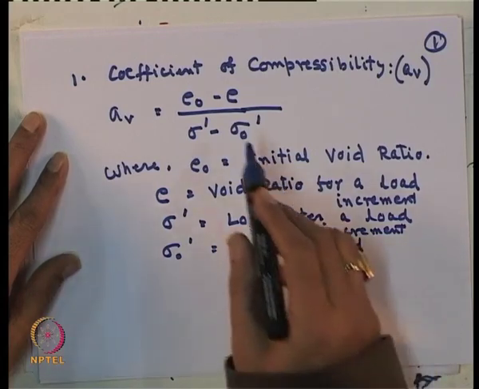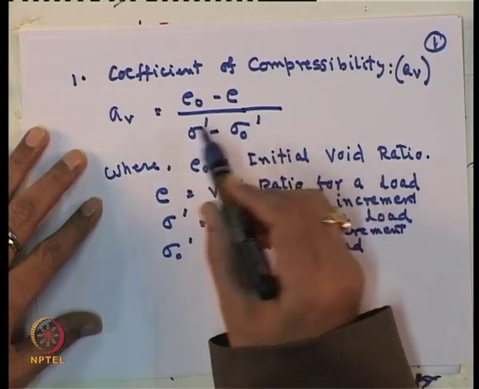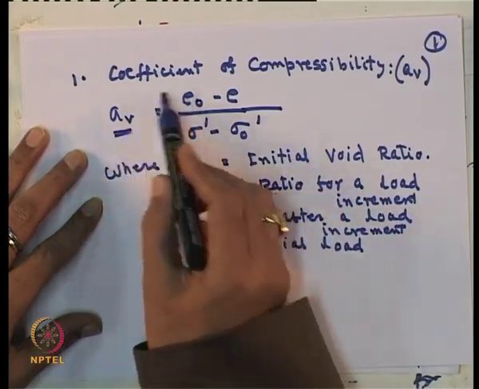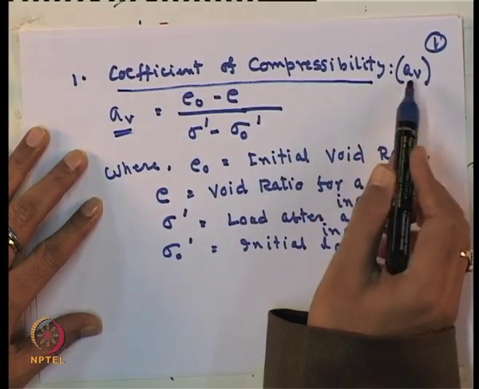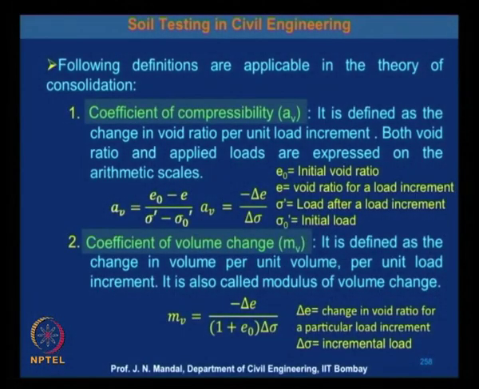So, if you know this e0, e, sigma dash and sigma 0 dash, you can calculate the coefficient of compressibility. This is one of the important parameters. So, you should remember this coefficient of compressibility: av is equal to (e0 minus e) divided by (sigma dash minus sigma 0 dash).